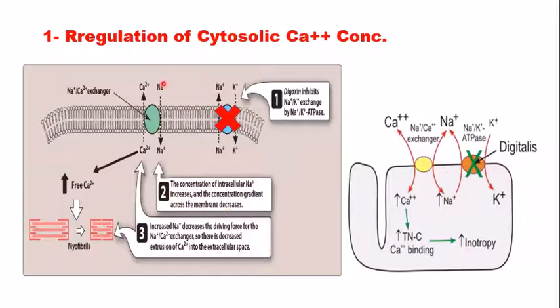Increased sodium decreases the driving force of the sodium-calcium exchange, so there is a decrease in the extrusion of the calcium into the extracellular spaces, and the free calcium will be enhanced or increased over here, which will cause the cardiac contractility.